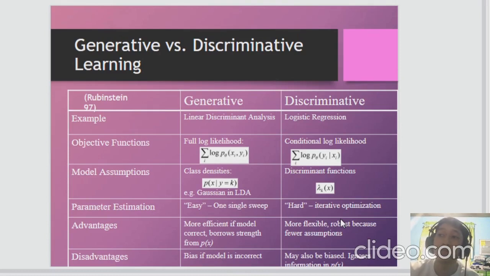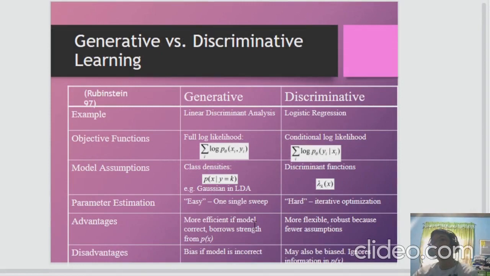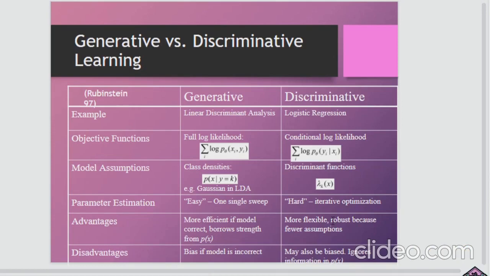Parameter estimation is in one single sweep kay generative and kay discriminative is hard, iterative optimization. Advantage: more efficient if model correct, borrows strength from Px. Discriminative naman ay more flexible, robust because fewer assumptions. Disadvantage: bias if model is incorrect. May also be bias. Ignores information in Px.